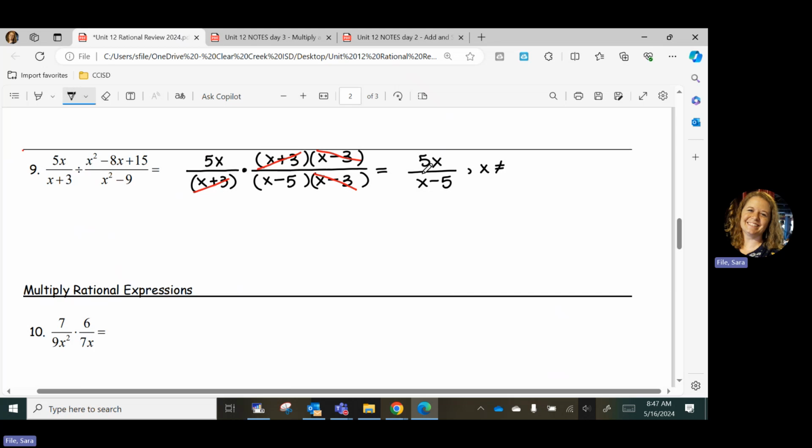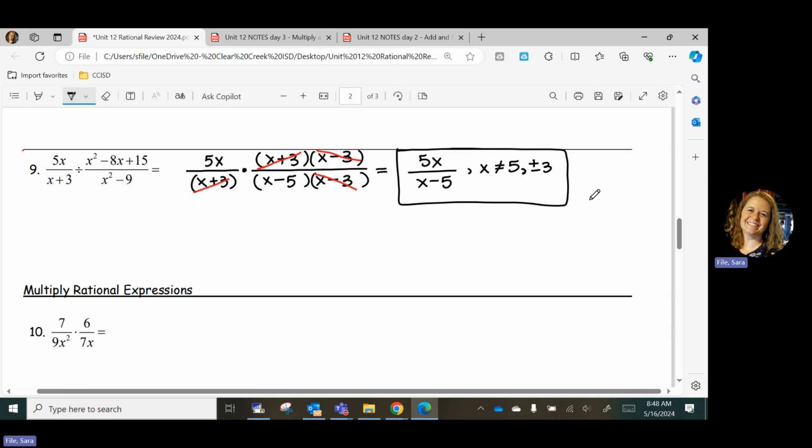So definitely 5 is excluded, but then I got to look back at those that were reduced. It's the same ones that were reduced in the previous problem. So it's going to be -3 and +3 are excluded as well.